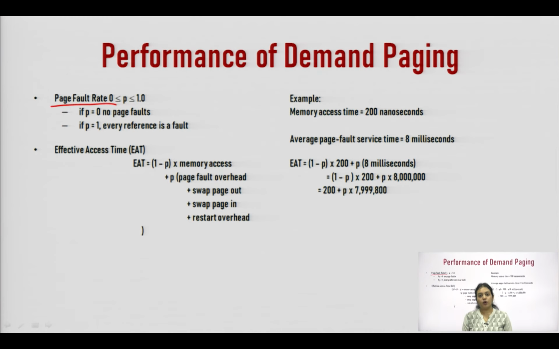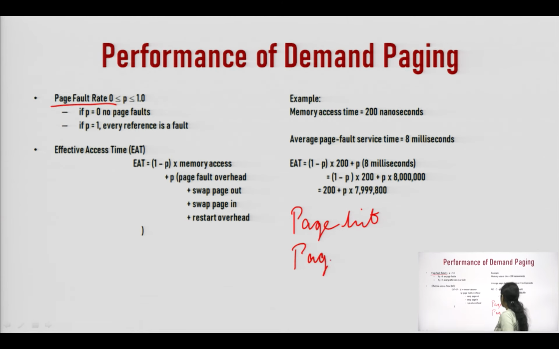Page fault rate means, when a page is referenced, whether we got the page or we missed the page. When we refer to a particular page and we get it in memory, that is a page hit, and if we refer to a page and it is not in memory, that is a page miss.